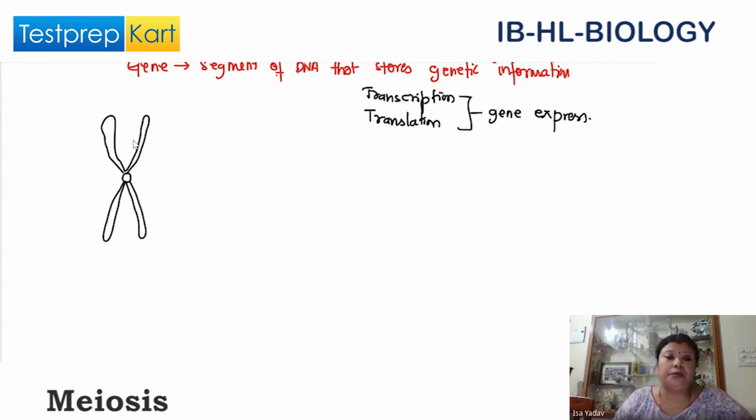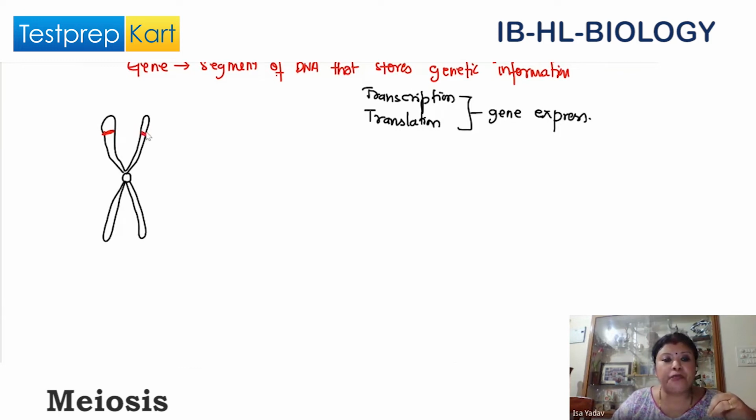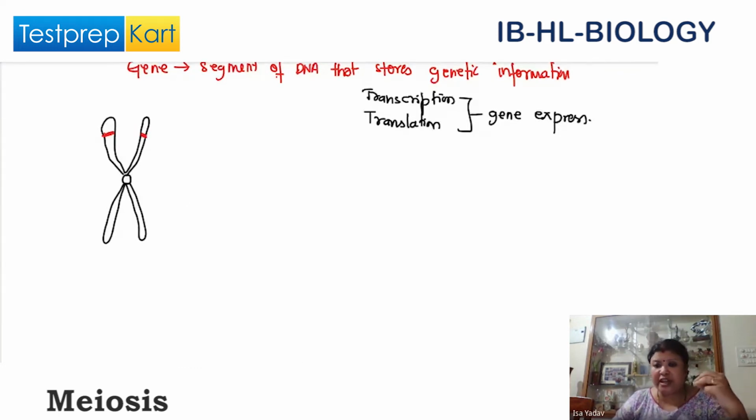Now suppose, for example, gene for skin color is present here. This is the position where the gene for the skin color is present in every one of us. Gene of skin color cannot be present here, cannot be present here. It is present only here. So it's like you stay somewhere and your postal address is there, right? In the same way, the position where the gene is present is like the address or the place where the gene is found.